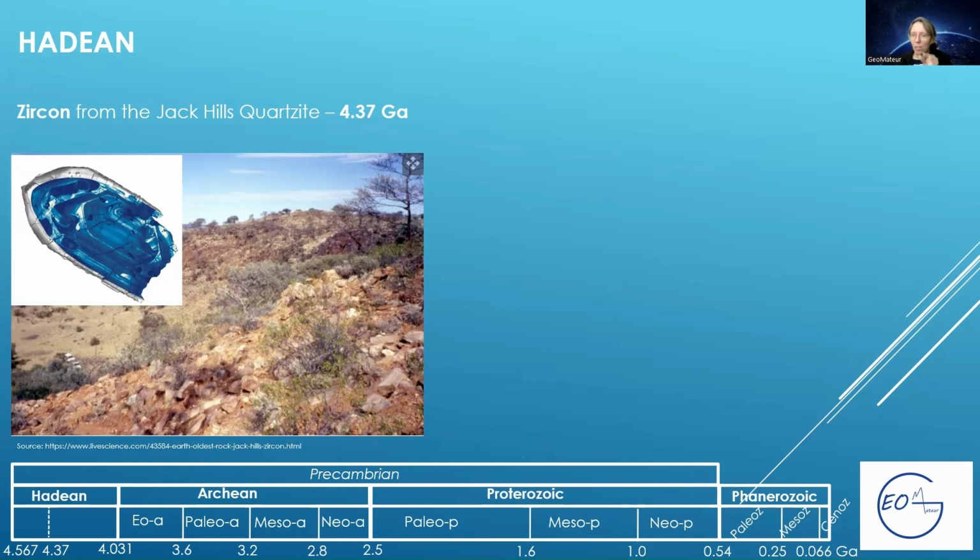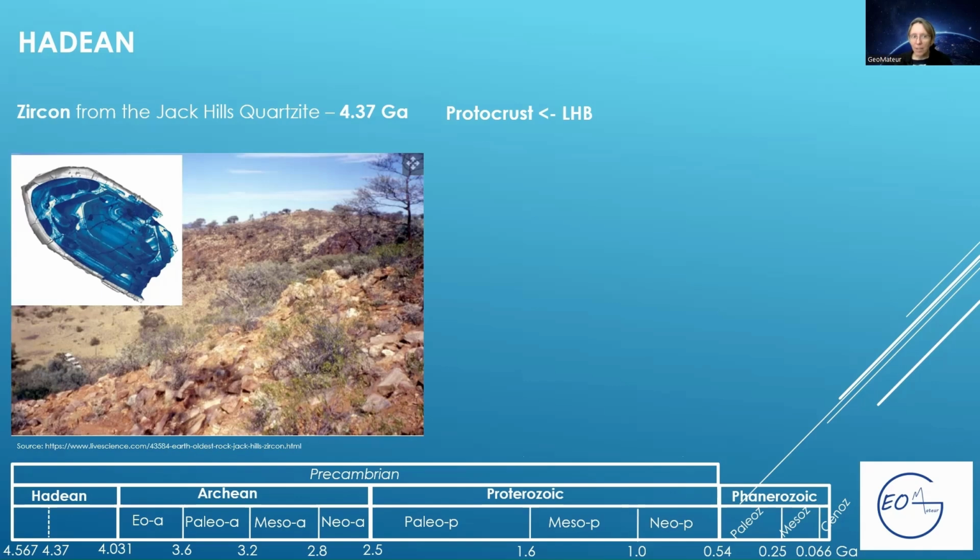This is the age of the rock that was metamorphosed, so not the age of the existing rock. And because it's the age of the rock that was metamorphosed, it's interpreted as the existence of proto-crust 4.37 billion years ago. And the proto-crust was destroyed by the late heavy bombardment, which took place at the end of Hadean and the beginning of Archean.